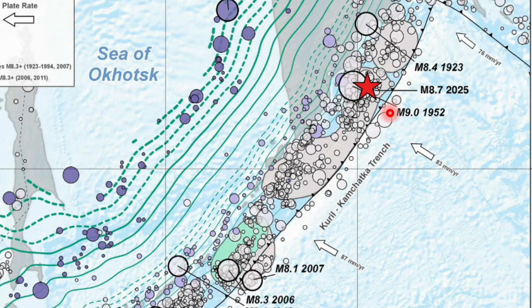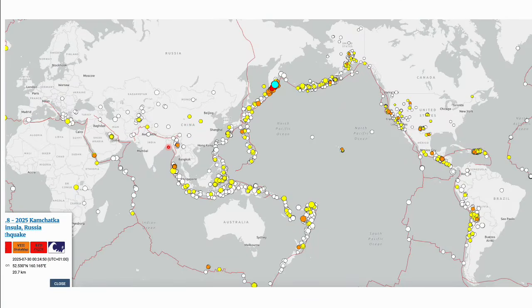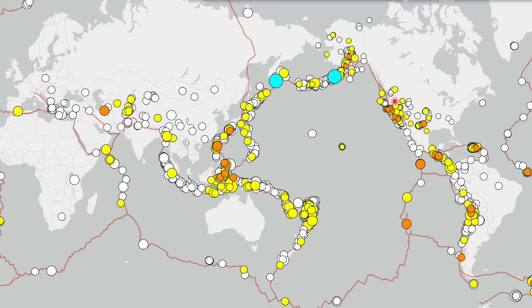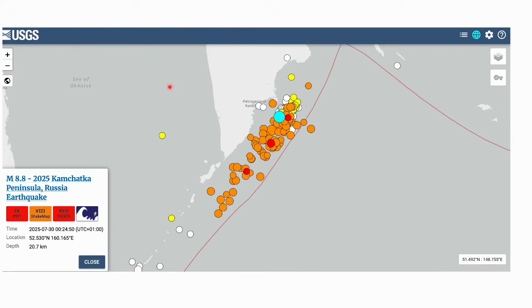Okay, so this is the USGS catalogue with the last month's worth of earthquakes on it. You can see there is quite a large swarm here, which we will talk about. But in the last month, the previous 2 largest earthquakes before this were these 2 here in Alaska, and this one, which is centered directly on the Kamchatka earthquake. So one of the interesting things here is that there were about 10 days of foreshocks.